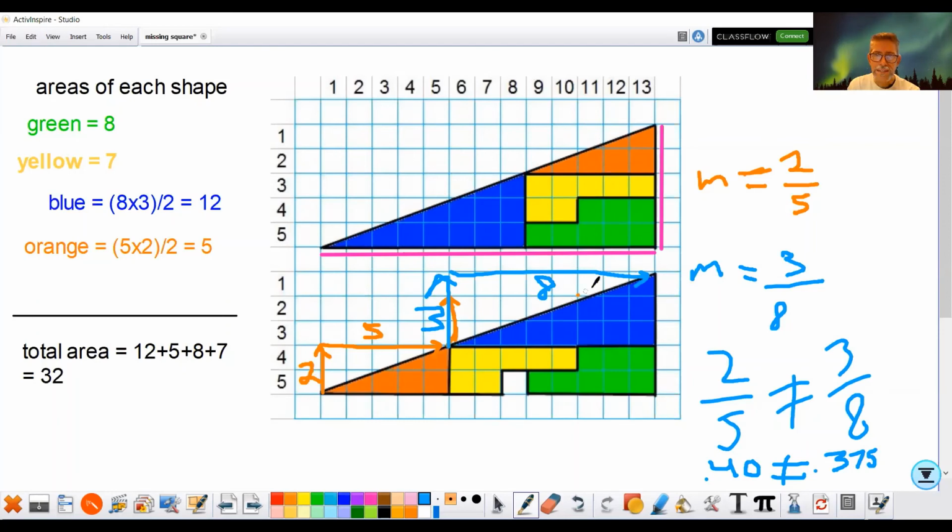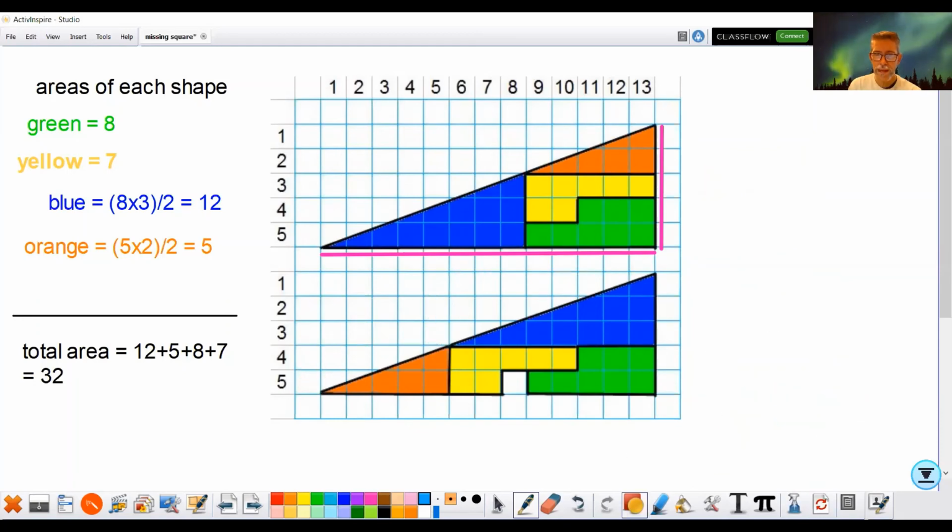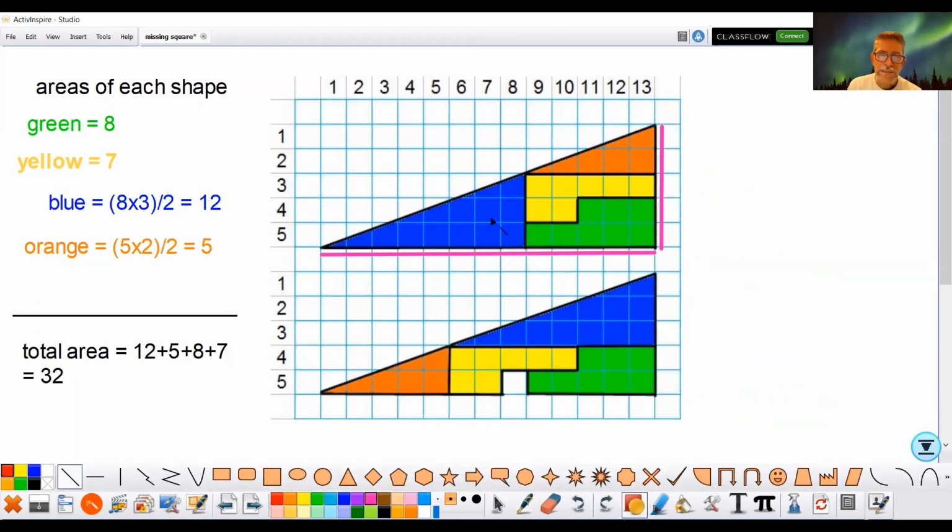So this is actually not a straight line. Likewise, this one goes up 3 over 8, then up 2 over 5. What happened is that this one is bowed a little bit outward, and this one is bowed a little bit inward.